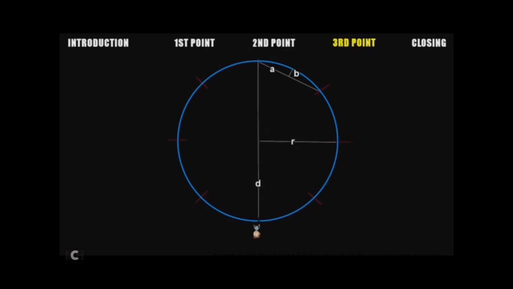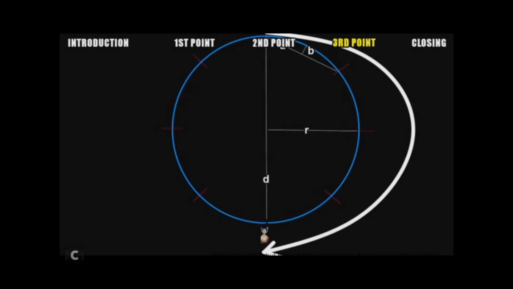If so, then we'll take a new line, we'll call that D, from the North Pole down to the South Pole, and we'll call the line R for the radius going from the middle out to the surface of the globe. So now that would mean that if you walked from the North Pole down to the South Pole, you went over the amount of curvature that is R, which is the radius. Not really sure how this can be disputed.